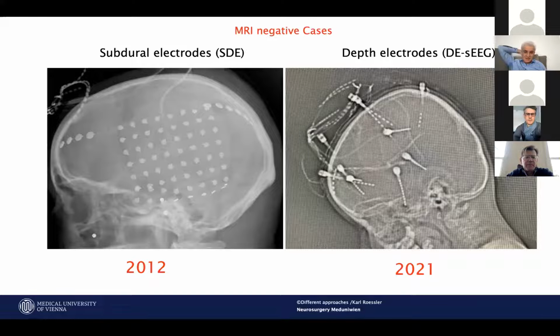In MRI-negative cases, of course, every one of us uses these kinds of invasive methods. You can see this was a case from 2012 with grid and strip electrodes. This is a recent case. We only use depth electrodes at the moment, or nearly exclusively depth electrodes, because of the tenfold fewer complications.